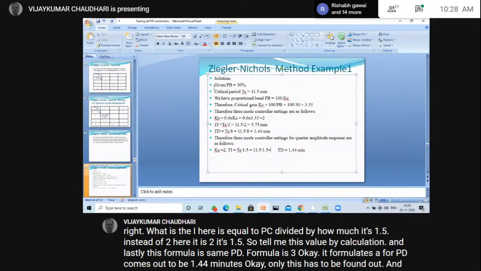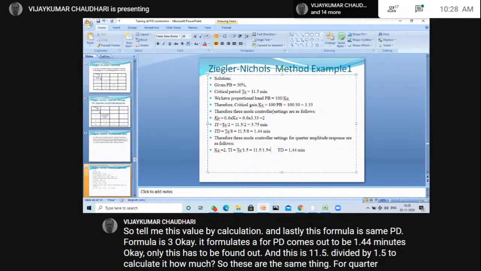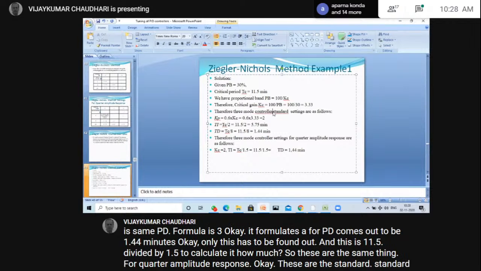So these are the settings then for quarter amplitude response. These are the standard settings. So next one, you solve it and tell the answers.